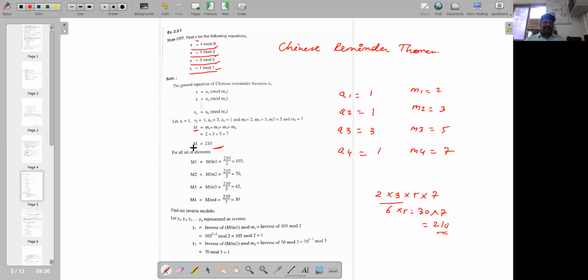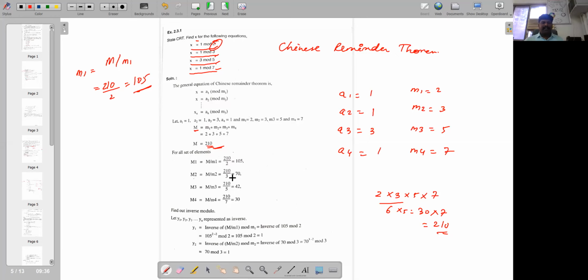Now the capital M is equal to the multiplication of all the moduli 2, 3, 5, 7, which gives 210, for the whole set of elements. Capital M1 is equal to capital M upon the modulus value for equation 1, which is 210 upon 2, which is 105.